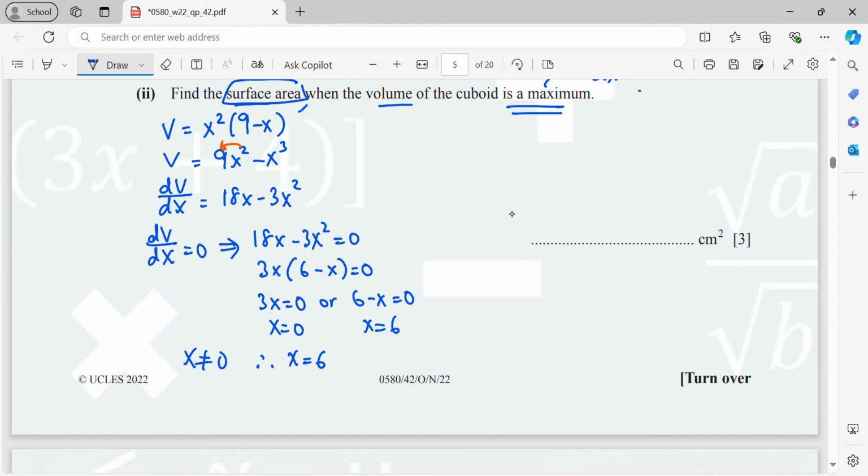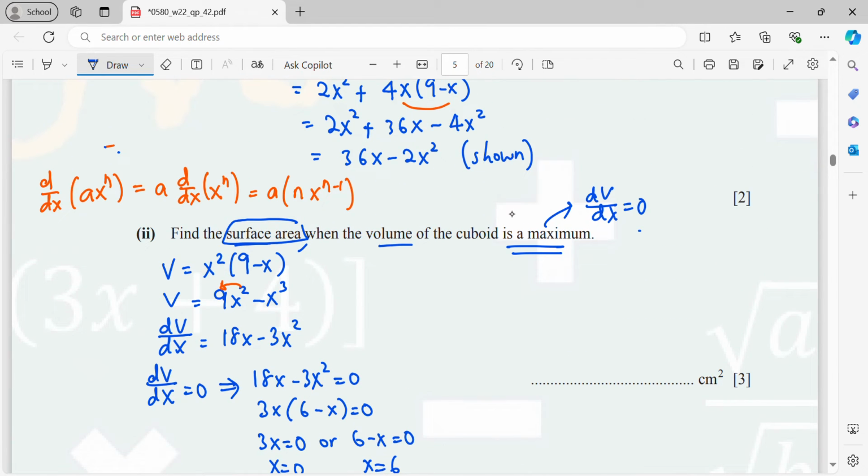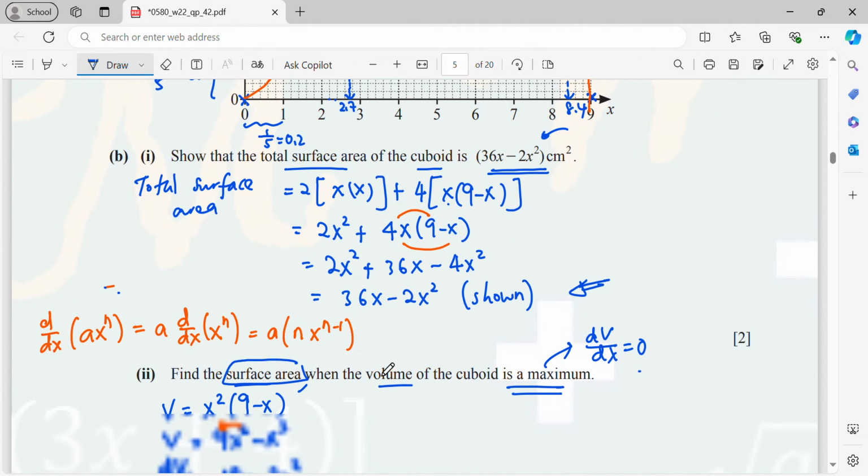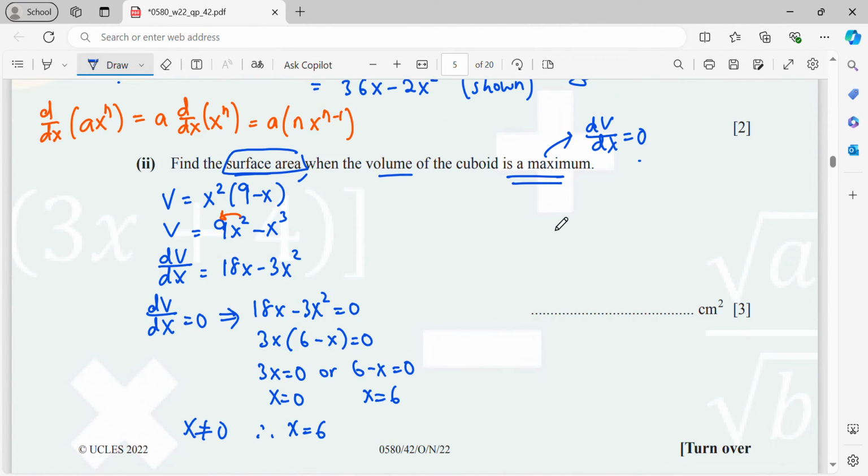So with this 6, we can find the surface area because we have shown the surface area in the previous part: 36x minus 2x squared. So I will write surface area equals 36x minus 2x squared.